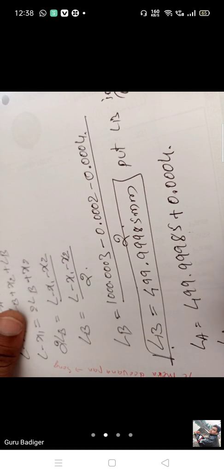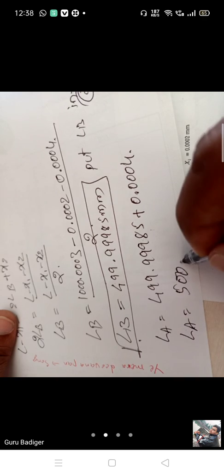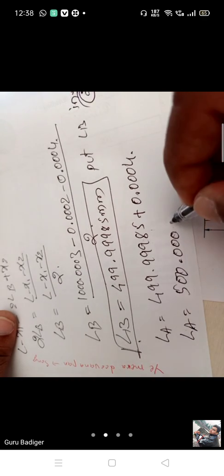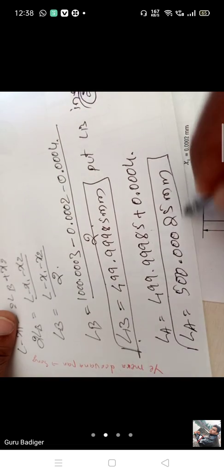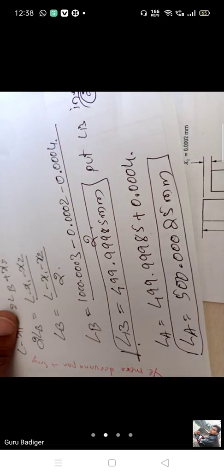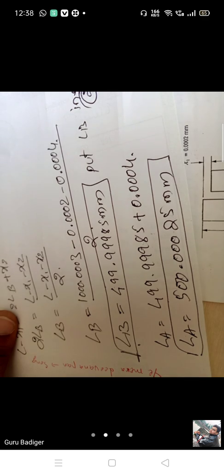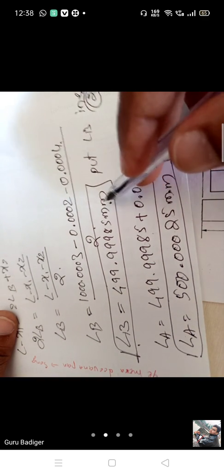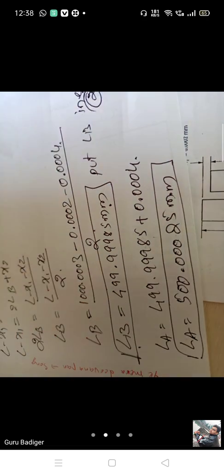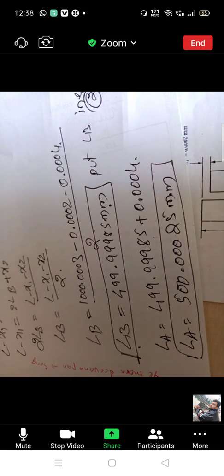So by adding this, LA is equal to 500.00025 mm. They asked what the values of LA and LB are, so now we have found the values of LA and LB.